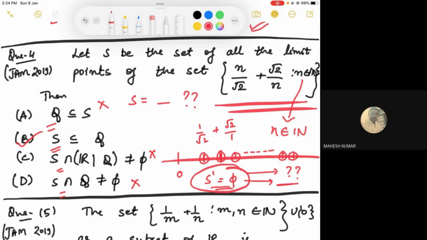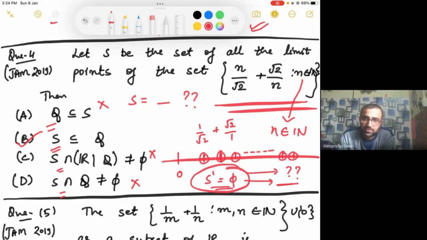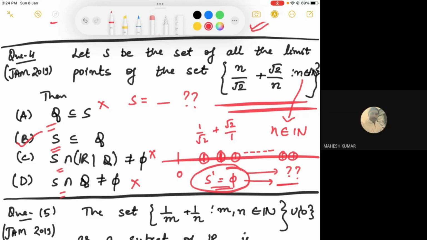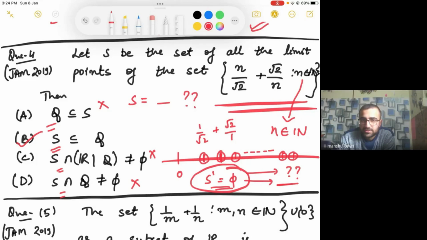Sir, if we take that statement to be true, then if you take a neighborhood of any point, we can consider a neighborhood whose intersection with set S is empty. So it is not a limit point. Okay, so what about others? Can you comment on the statement given by Mahesh?